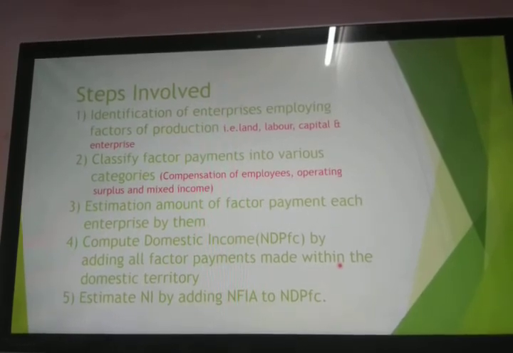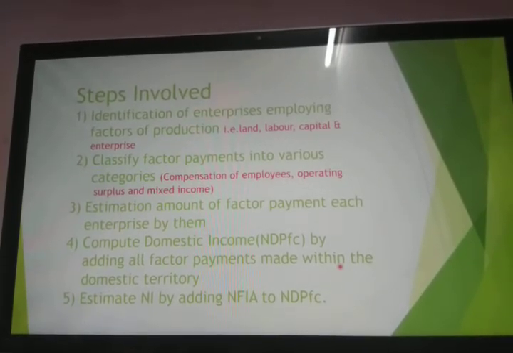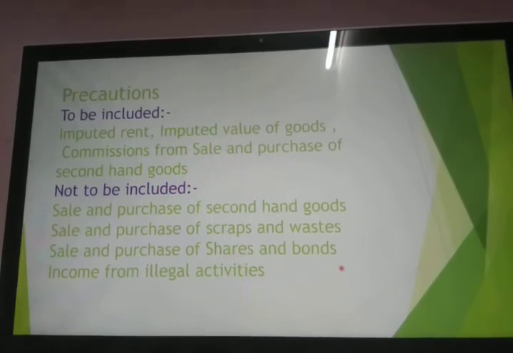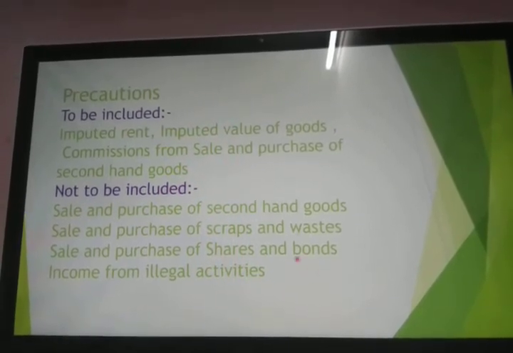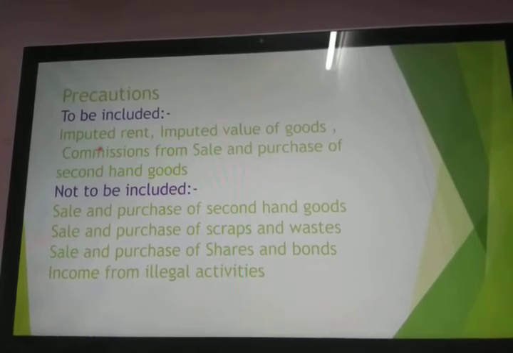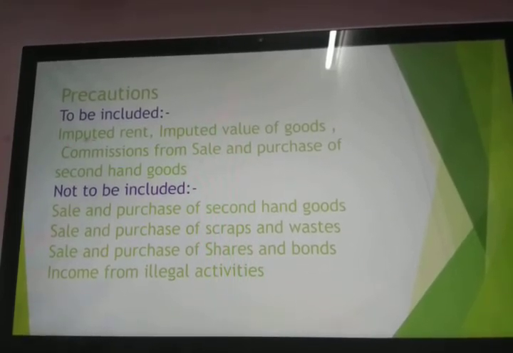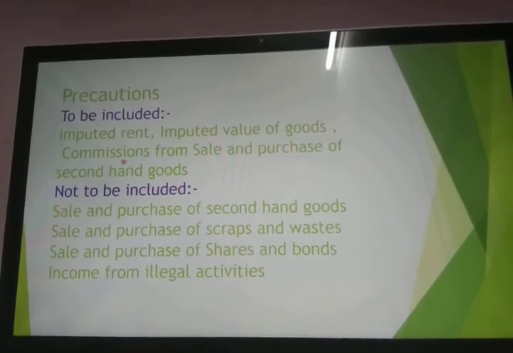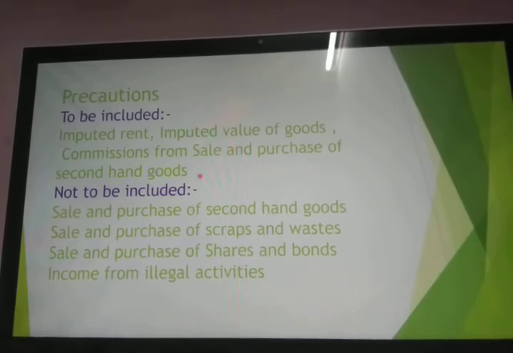But we need to consider some precautions. So let us see what the precautions are. When we are calculating national income or domestic income by the income method, we need to include imputed rent, imputed value of goods and services, and commissions from sale and purchase of second-hand goods.